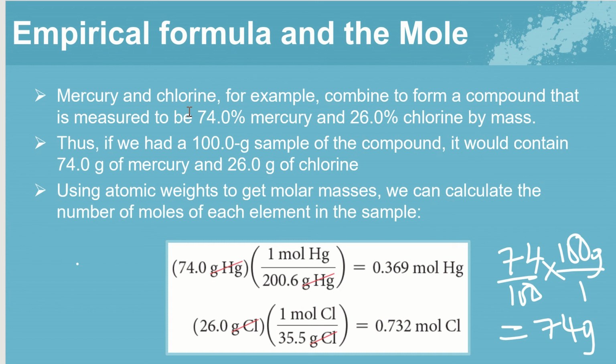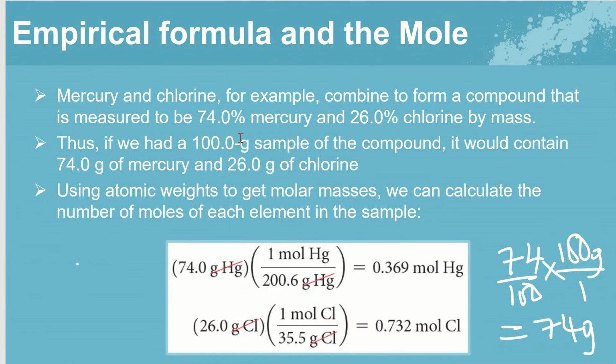And so if, and underline the if, we had a 100-gram sample of the compound, it would indeed contain 74 grams of mercury and 26 grams of chlorine. Because if we have 74%, that means 74 divided by 100 times 100 equals the same thing, right?